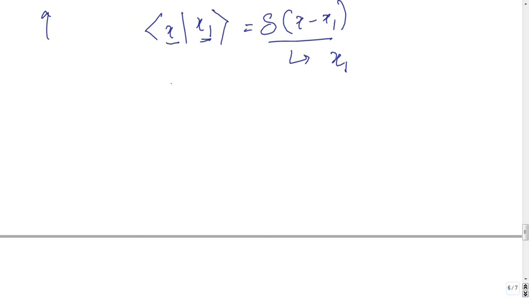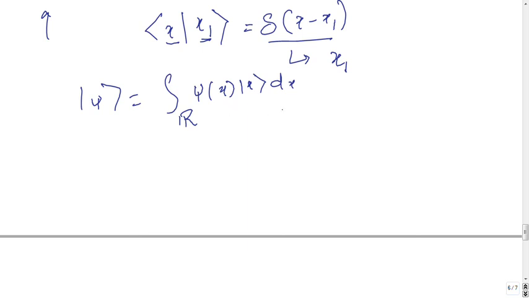Okay, then this set is expanded not as a summation but as an integral, because it is continuous, as the integral of |x><x| dx. Okay, because it is infinite dimensional and continuous in nature.